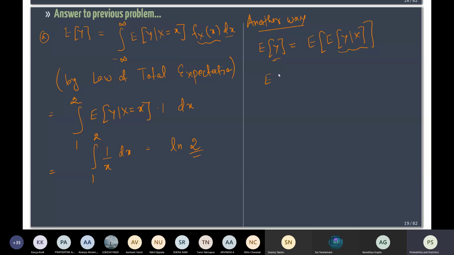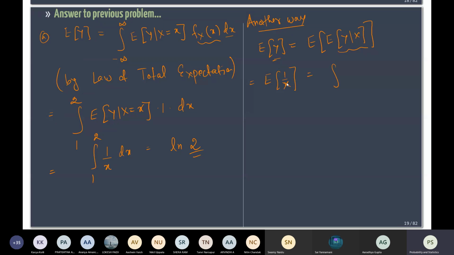So this will be expectation of 1 over capital X. Now I know that x is a uniform, so the PDF will be the same thing, and I can integrate this.